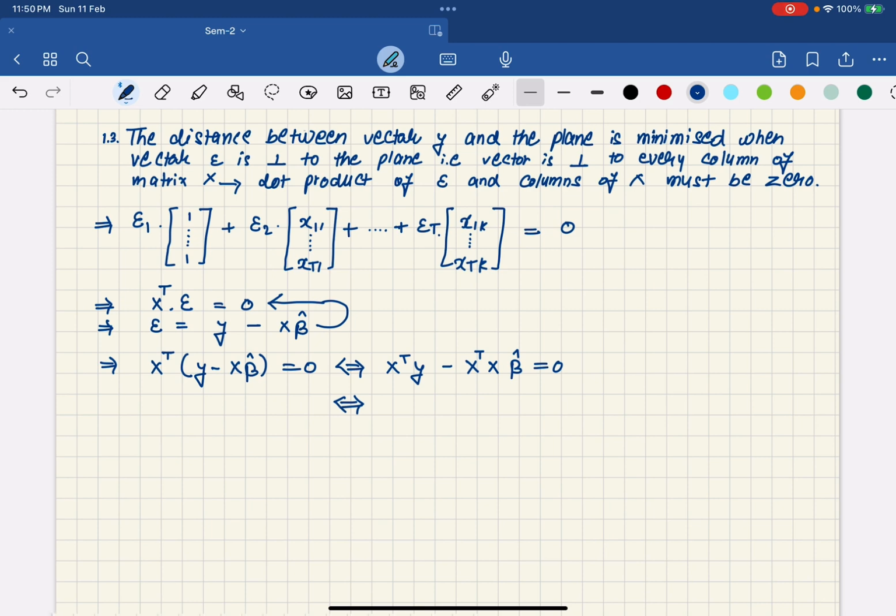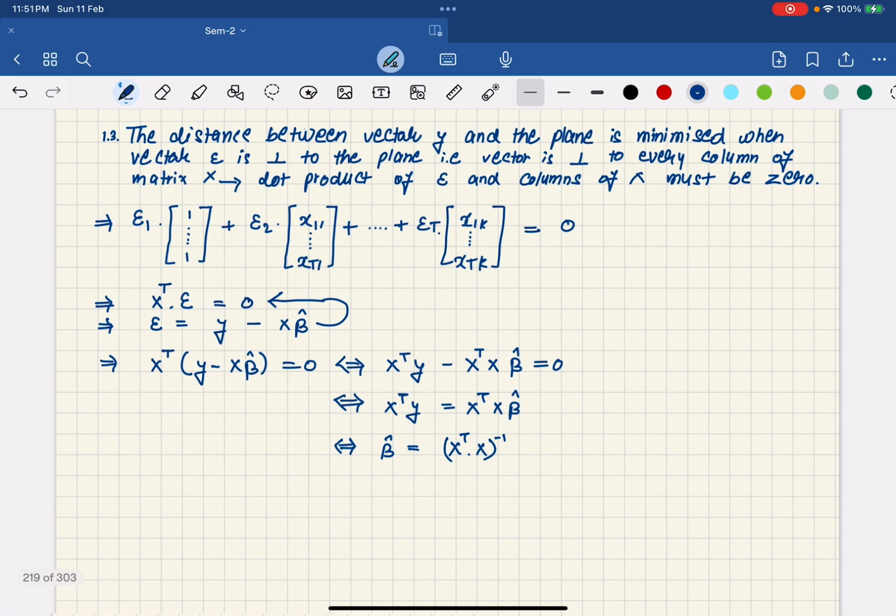When you rearrange this equation, you will get this, and from here we can get our beta hat. Your beta hat will be x transpose x inverse dot x transpose y. ओके, हमने क्या किया यहाँ पे, x ट्रांसपोज x से प्री मल्टीप्लाई के इन्वर्स से प्री मल्टीप्लाई कर दिया अपनी लेफ्ट हैंड साइड एंड राइट हैंड साइड को.